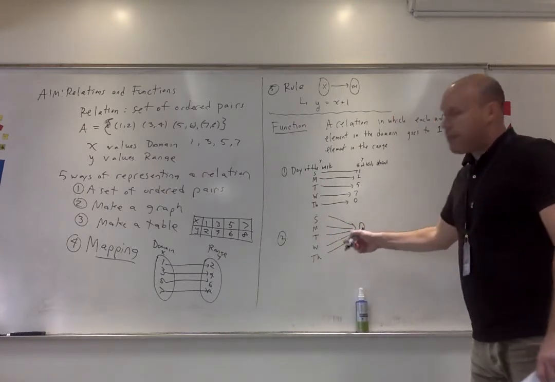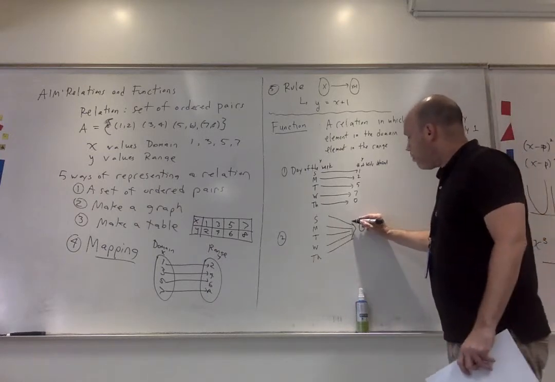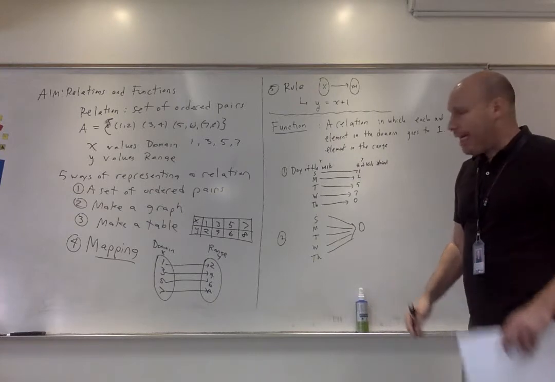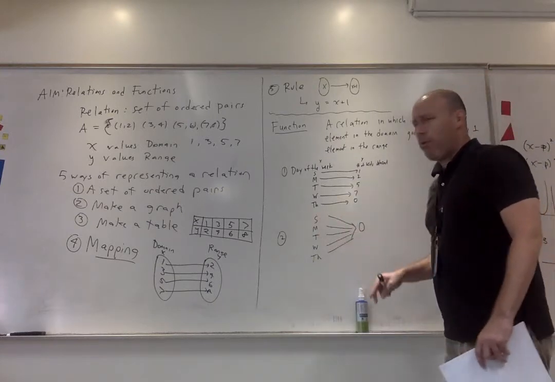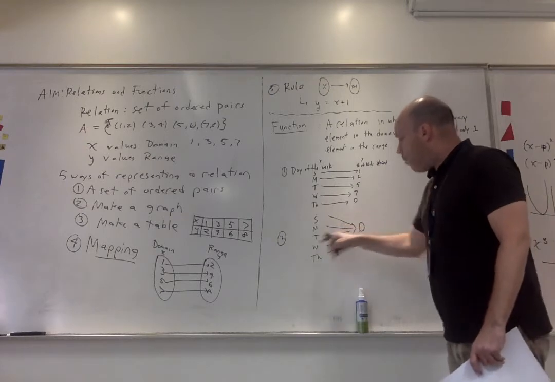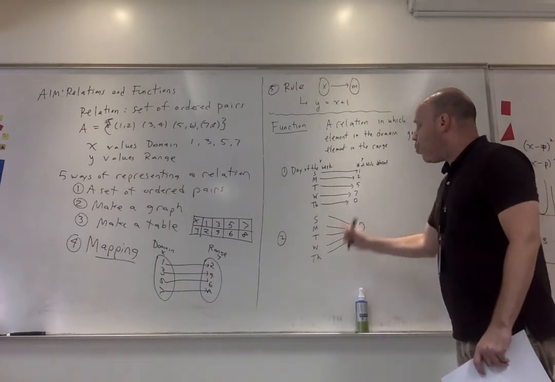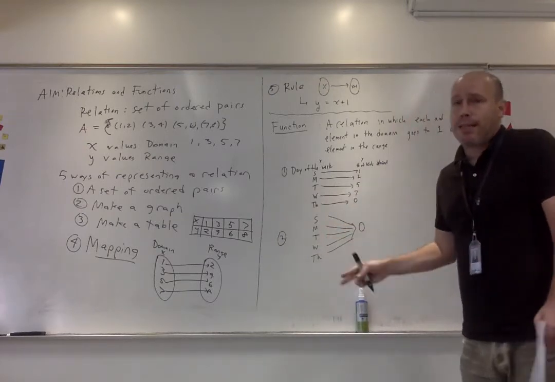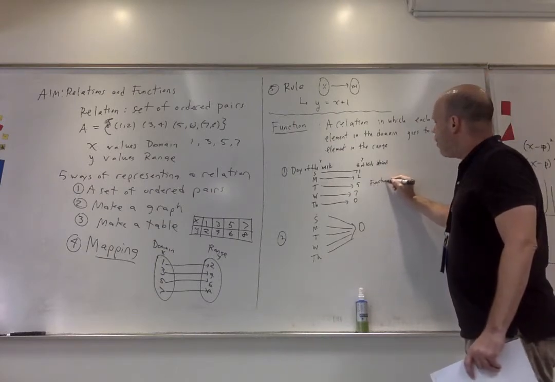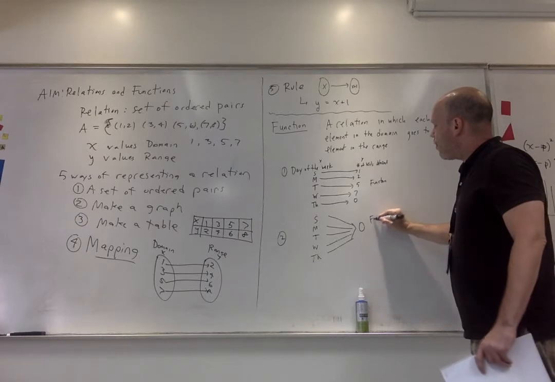So is this a function? And the answer is yes. How many kids were absent on Sunday? 0. Any other number? No. Monday, Tuesday, Wednesday, Thursday all go to one place and only one place. That's 0. So it's a function.